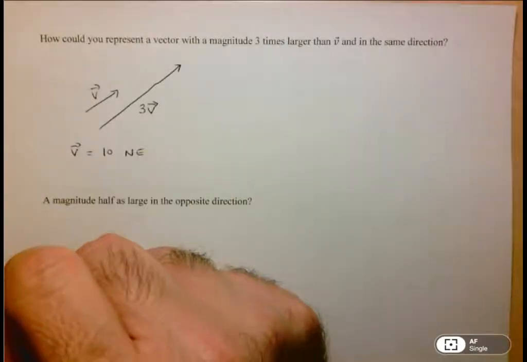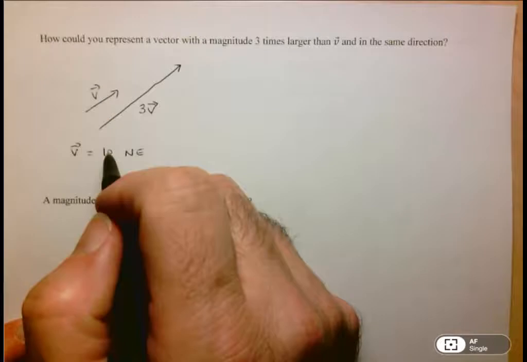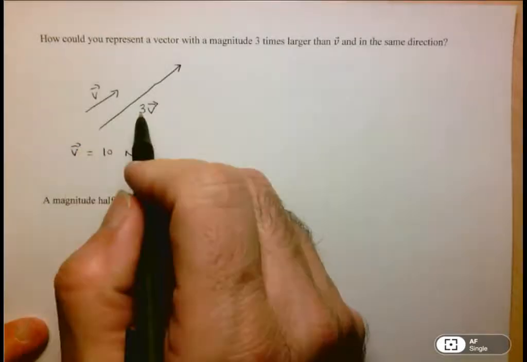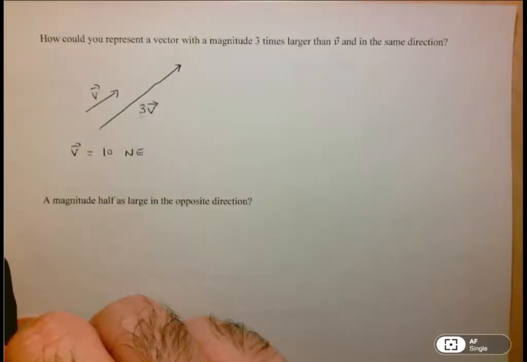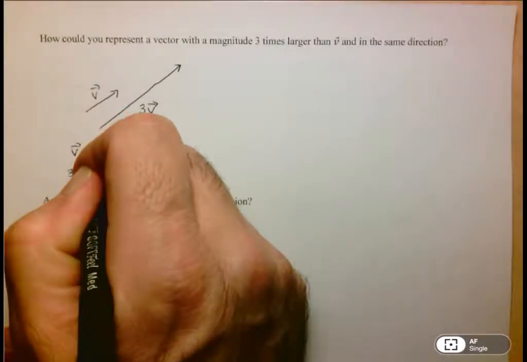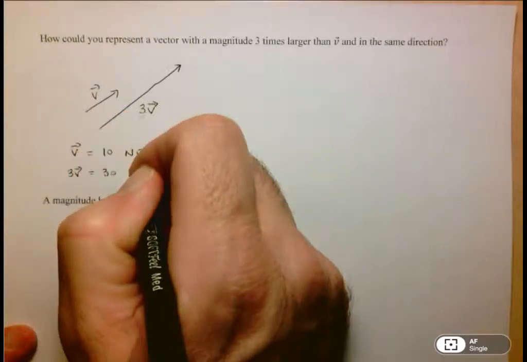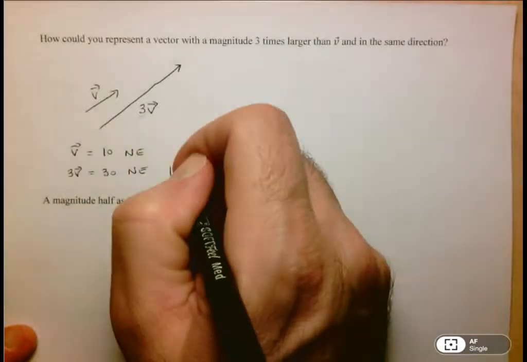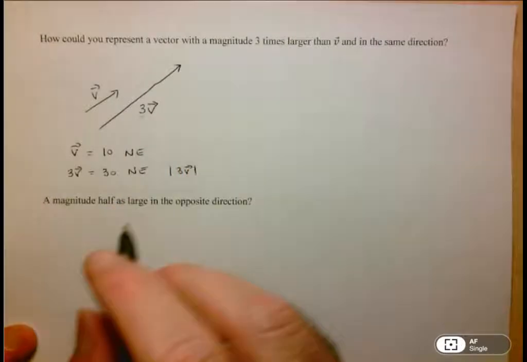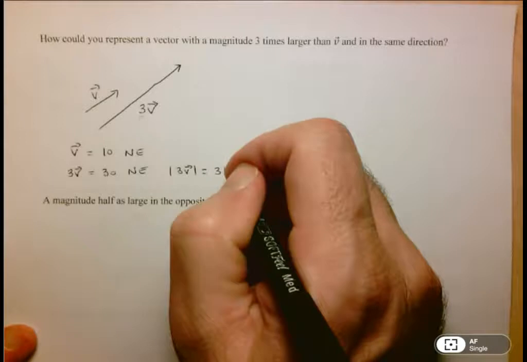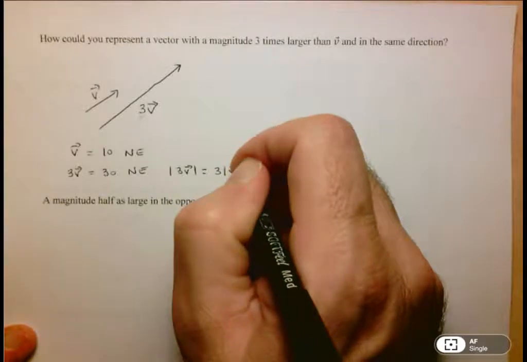So we're going to represent this change in the magnitude, in this case wanting to make it 3 times larger, by just multiplying that vector by this scalar quantity. So 3v would just be the vector of 30 in the northeast direction. And what is the magnitude of this vector 3v? I just need it to be 3 times the magnitude of my vector v.